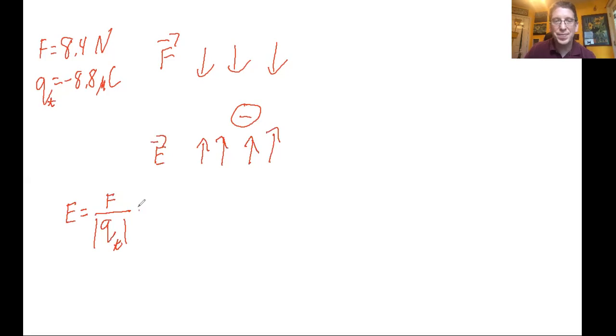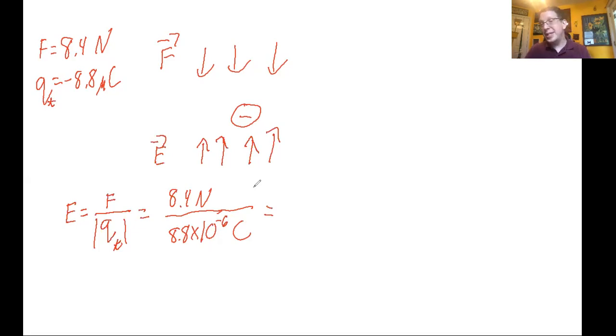So you have the absolute value sign here. So the force is equal to 8.4 newtons divided by 8.8 times 10 to the negative 6 coulombs. Again, we're converting from microcoulombs, and a micro means 1/1,000,000th, or 10 to the negative 6.